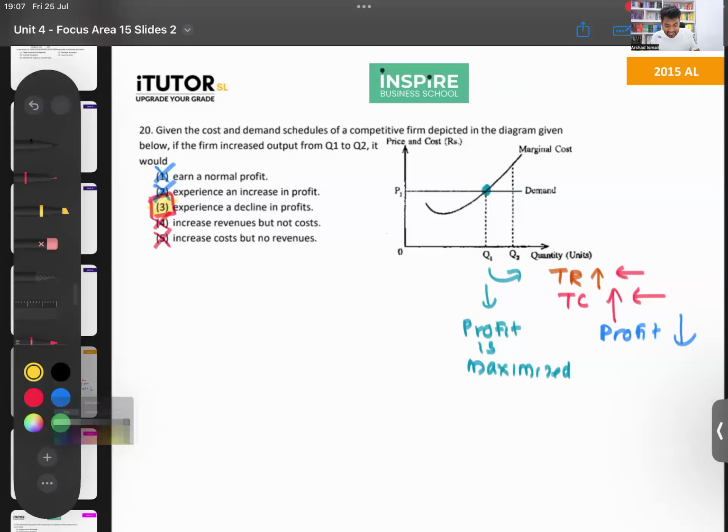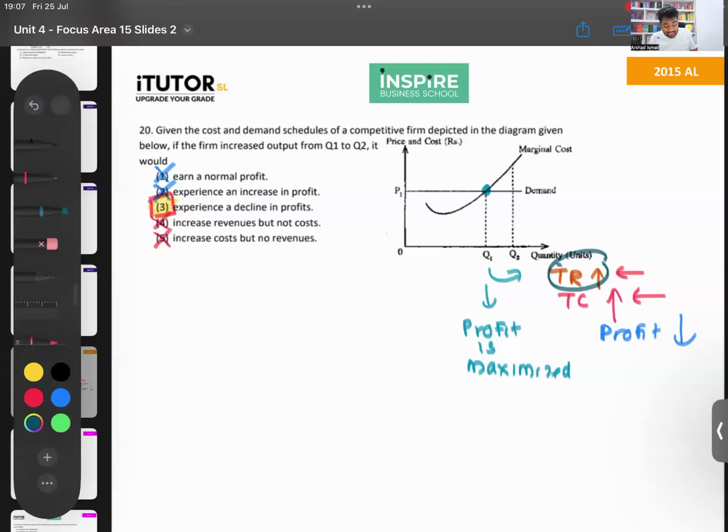Let me just summarize that again. The question here, you're moving from Q1 to Q2 level of output. When you're selling more, your revenue will increase. That is, total revenue goes up. But also, when you try to go to Q2, your MC is rising much higher.